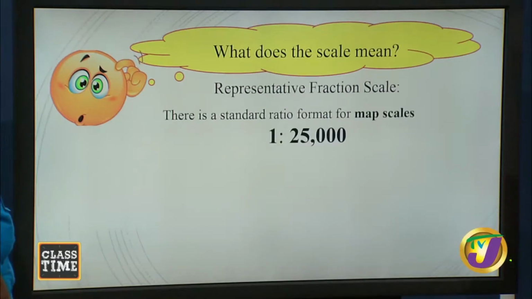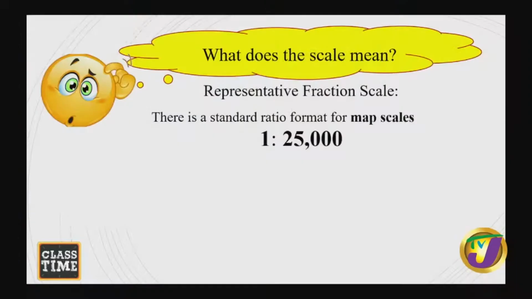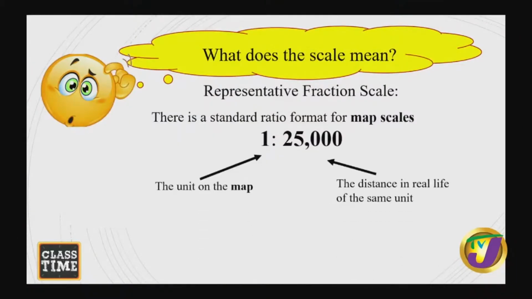Then we go to the representative fraction scale. This is a ratio where the first term speaks to the unit on the map, what is on the map, and the second term speaks to the distance in real life in the same unit as the first term.